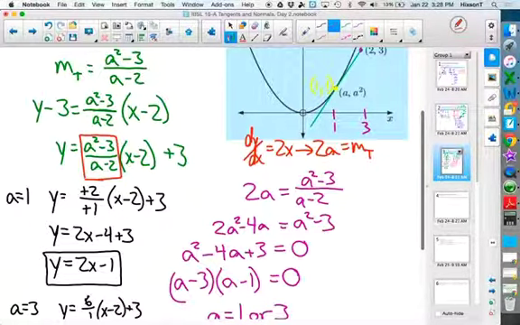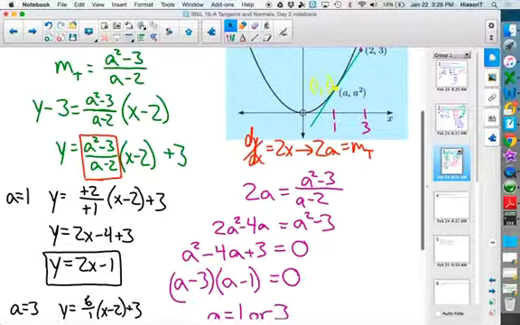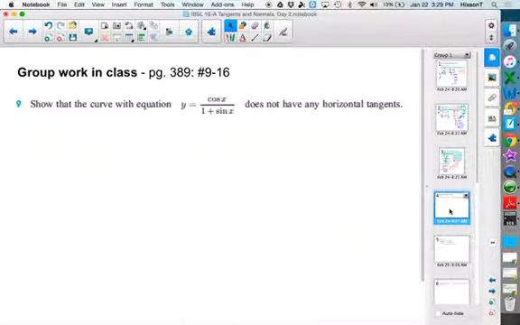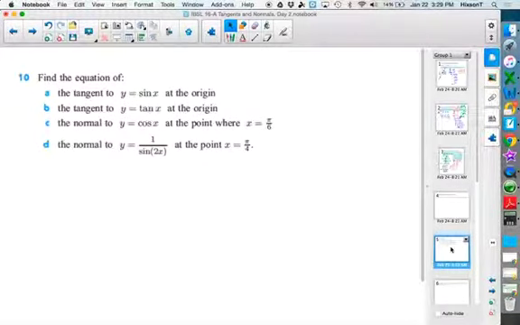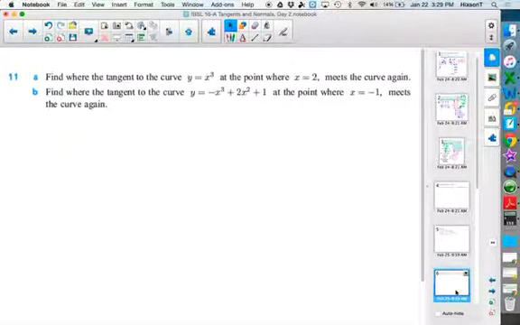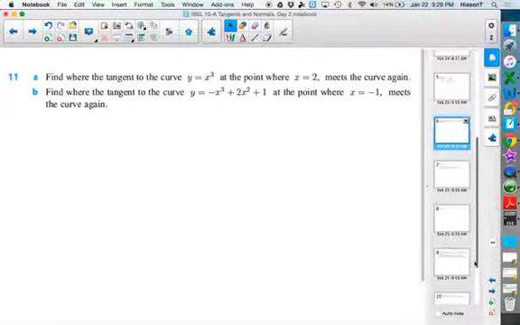And that's why I've given you problems. I haven't given you as many, but we're a little bit out of time. But when I'm giving you these problems, try to really take your time and work through one like this, where you're meeting the curve again. And don't just blow through them.